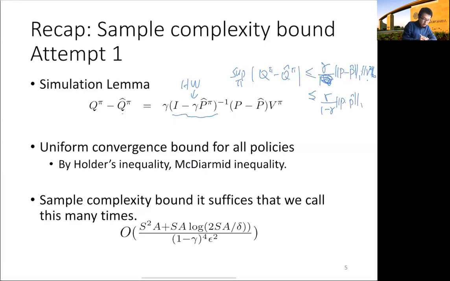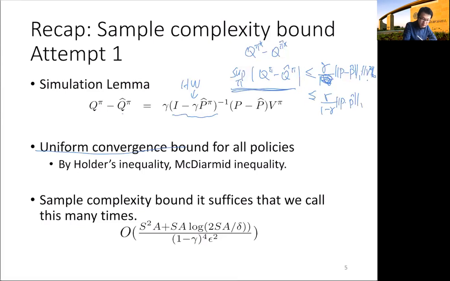Okay, so this is what we call the uniform convergence, because this is uniform over all policies pi, and as long as we can control with high probability that for all policies pi simultaneously their differences are small, then this helps us to counter the optimization bias. Notice that again the goal is to consider Q of pi star minus Q of pi hat star, and then we can add or remove the Q hat version of these, and convert this into two applications of this uniform convergence bound.